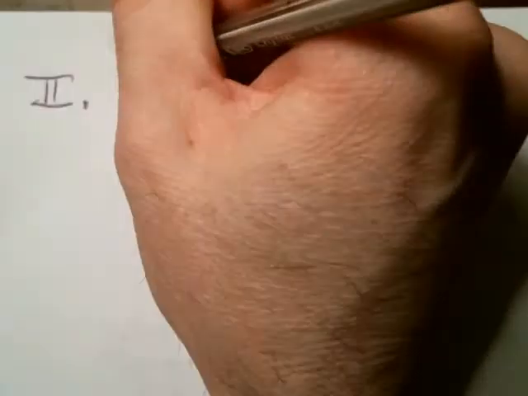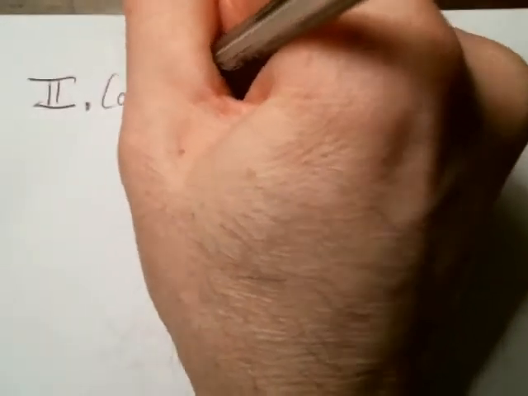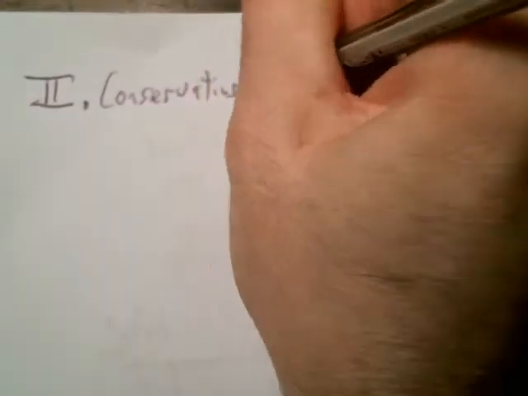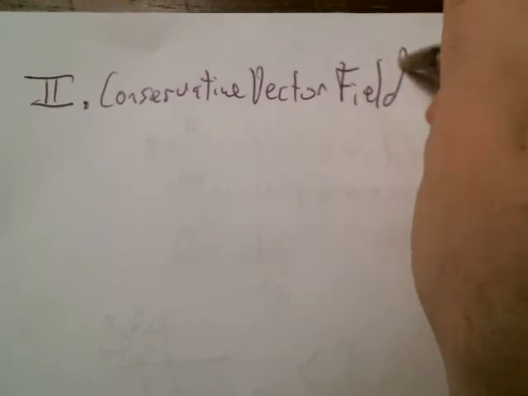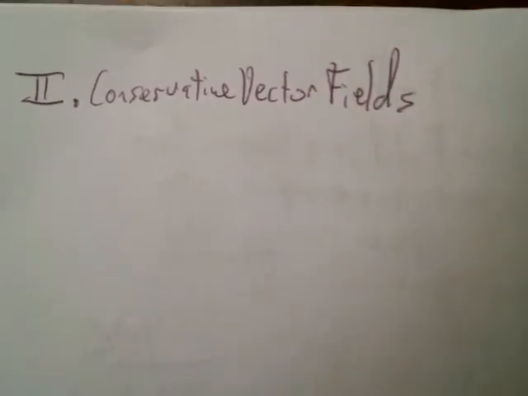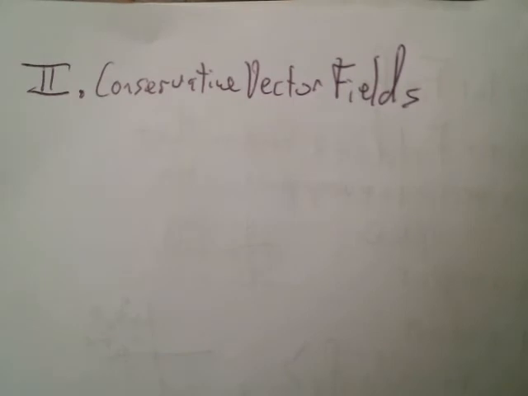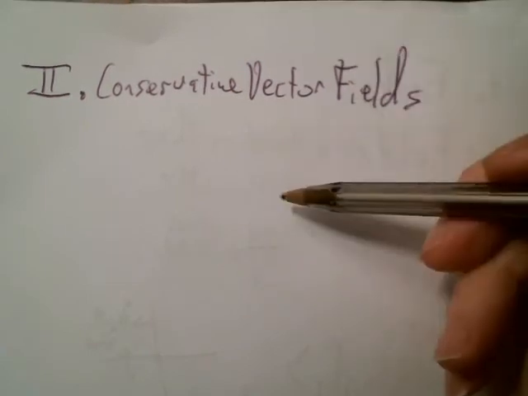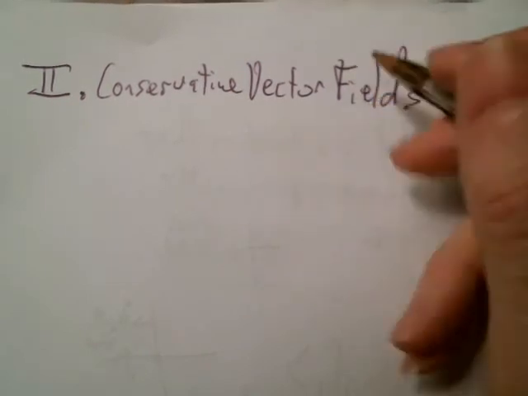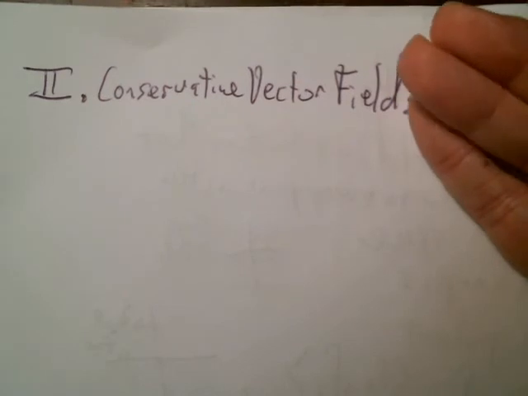Section 2, conservative vector fields. Okay, if a vector field is conservative, it gives us all kinds of nice properties that we take advantage of. And what does it mean to be conservative? That means it's kind of the result of doing a gradient operation on some unknown function.